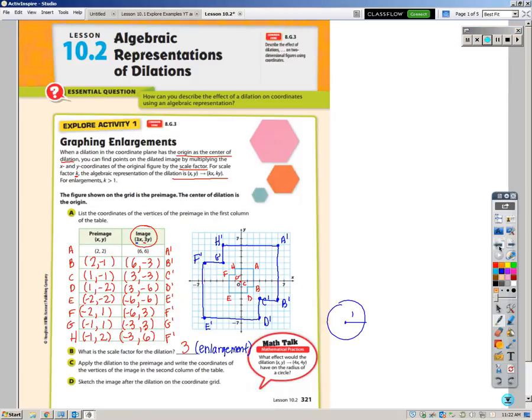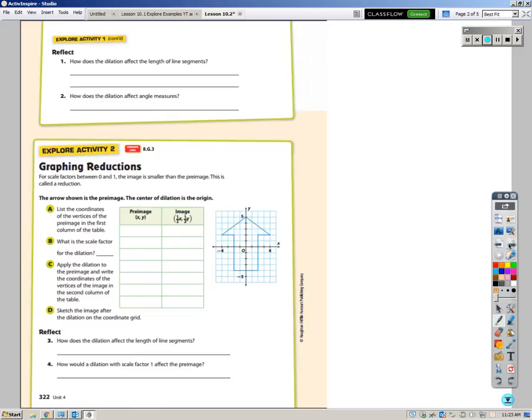We'll go back. If I've got a side length here that's 3, AB, my side length here should be 9, right? 1, 2, 3, 4, 5, 6, 7, 8, 9, because it's 3 times enlarged. So my side lengths will also be 3 times as long for each corresponding side.